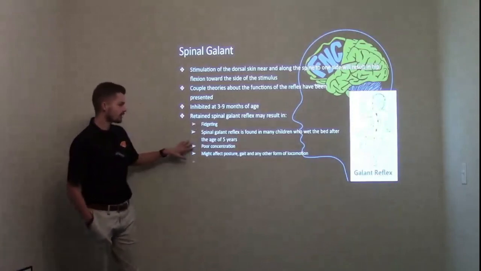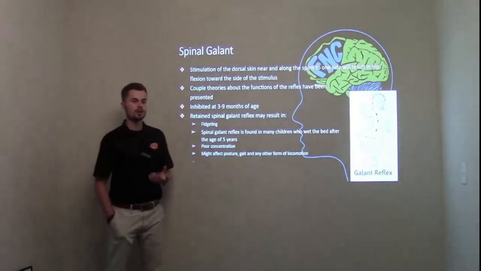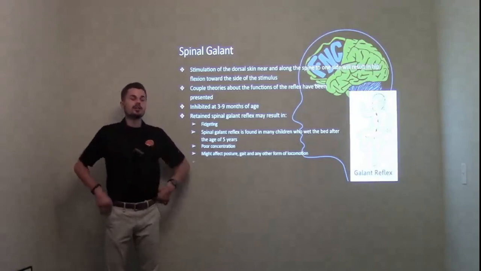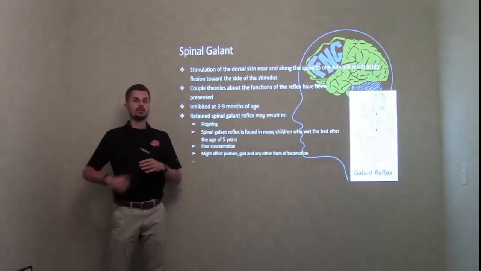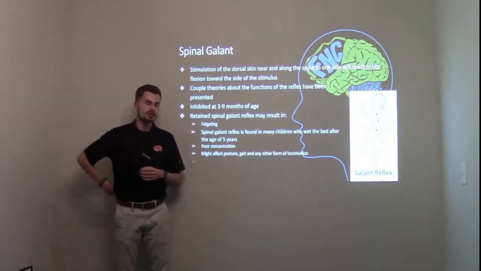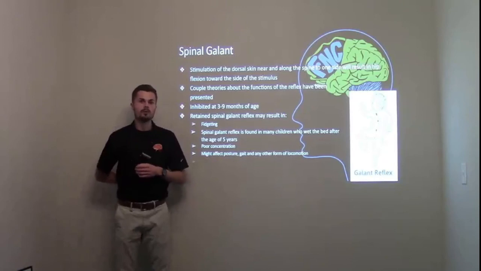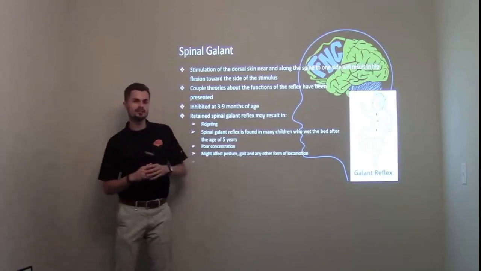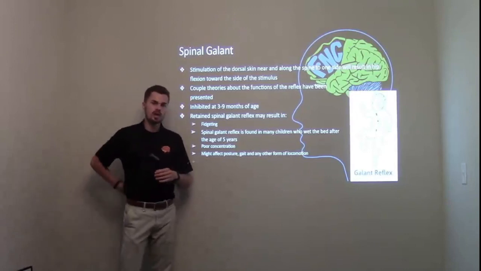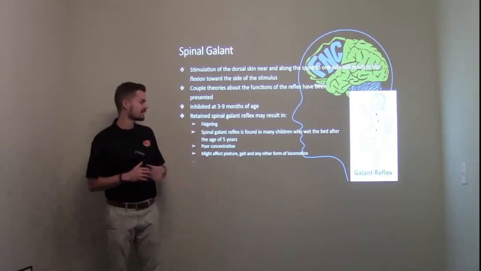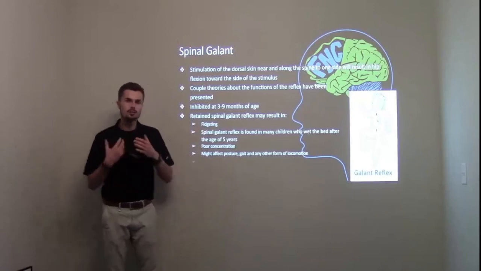Poor concentration also plays a role when a child is in school and they're leaning against the chair, and the chair is actually stroking their back a little bit, and they create this reflex. Every time the little stroke or touch comes in their back, they're going to do this, and they start fidgeting, and they can't concentrate because there's constant stimulus all the time.